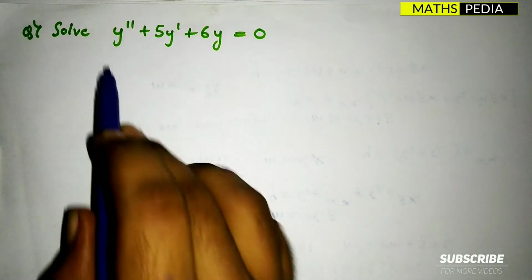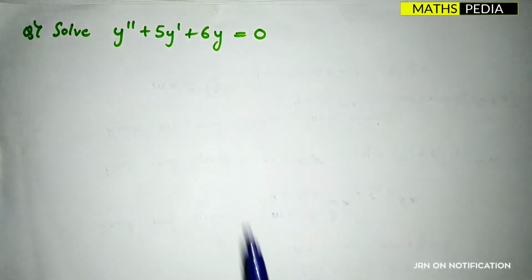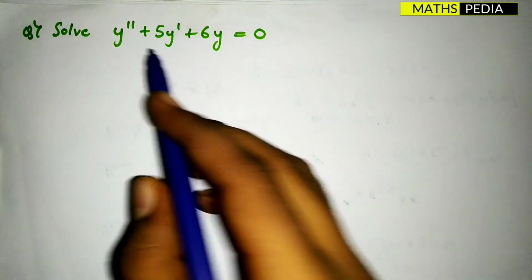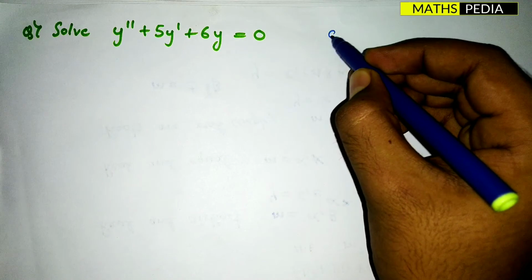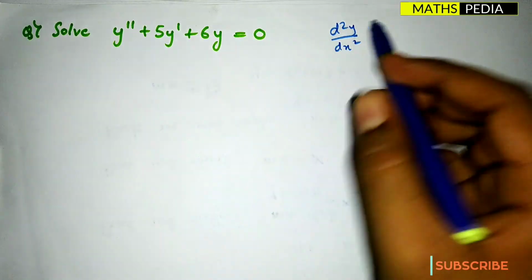The first question: y double dash plus 5y dash plus 6y. Don't get confused between the standard form and this. y double dash means second order, so it is nothing but d square y by dx square, and y dash means dy by dx.